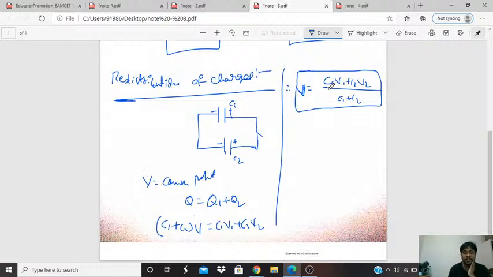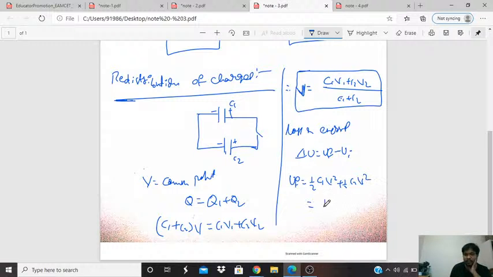Let's see what is the loss in energy. What is the loss in energy? Final minus initial. What is the final here? Final is half C1 V square plus half C2 V square. That is half into C1 plus C2 into V square. And what about initial? Half C1 V1 square plus half C2 V2 square.